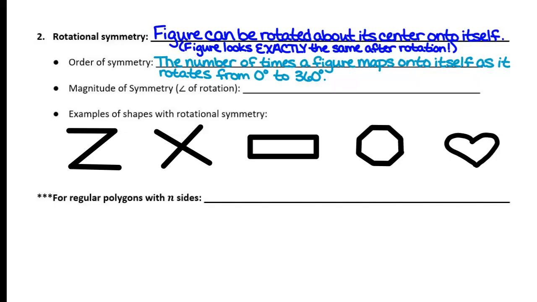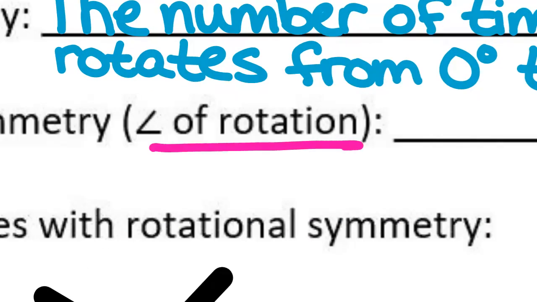The magnitude, sometimes called the angle of rotation.